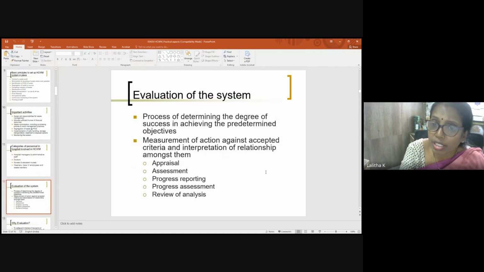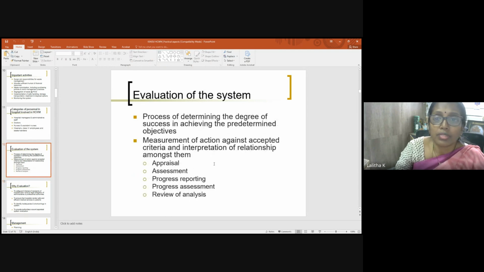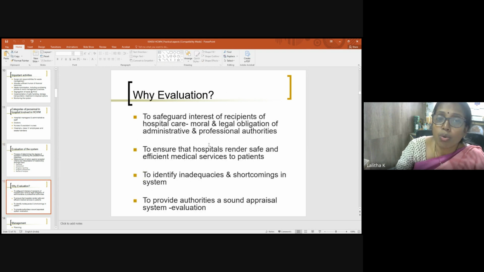Evaluation is one of the important things we must keep, because we need to see how we are progressing as we implement a system. We need to see how we are going forward. Have we achieved what was planned? So what is evaluation? It's basically a method to determine the degree of success in achieving the predetermined objectives, against accepted criteria and the relationships among them. So, why evaluation?